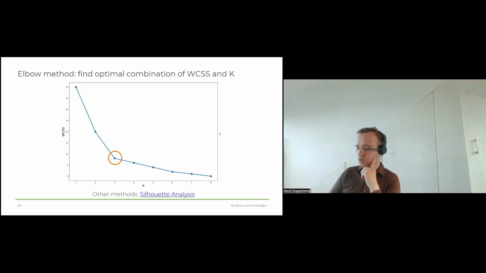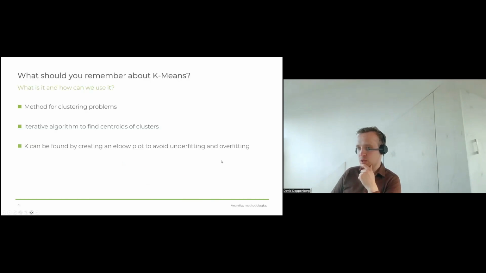You should also try different things and see how it works out for you. But important is at least that you use this elbow method or a similar method to get good estimates or a proper choice for your k.